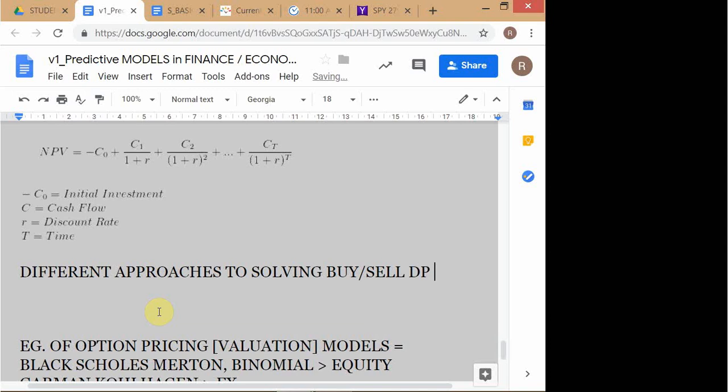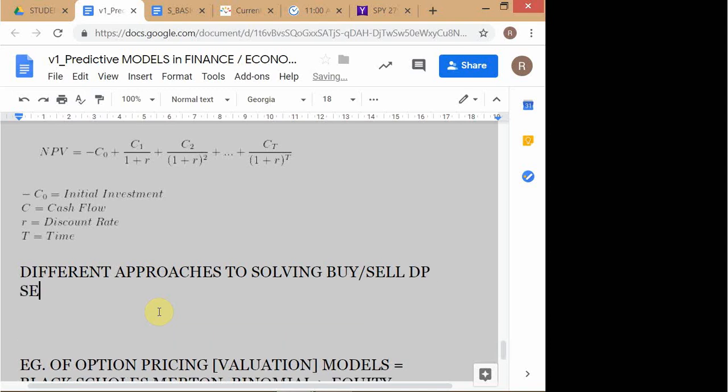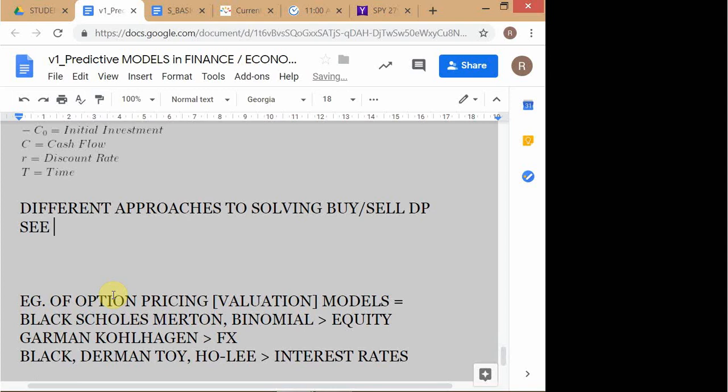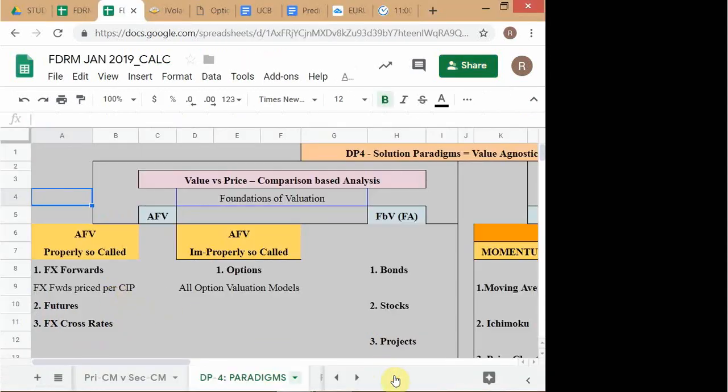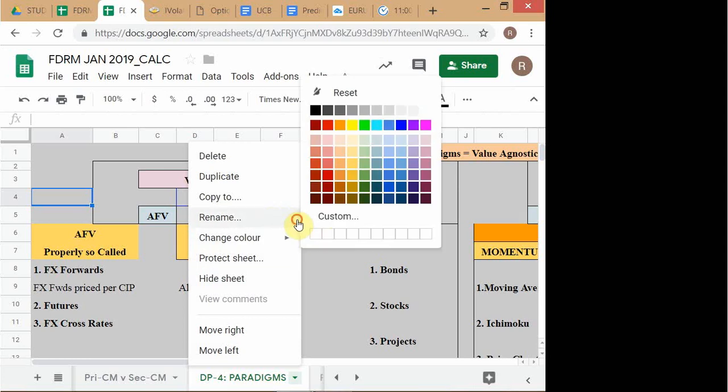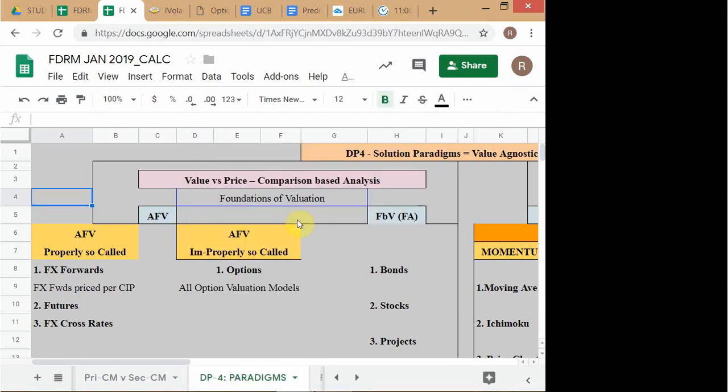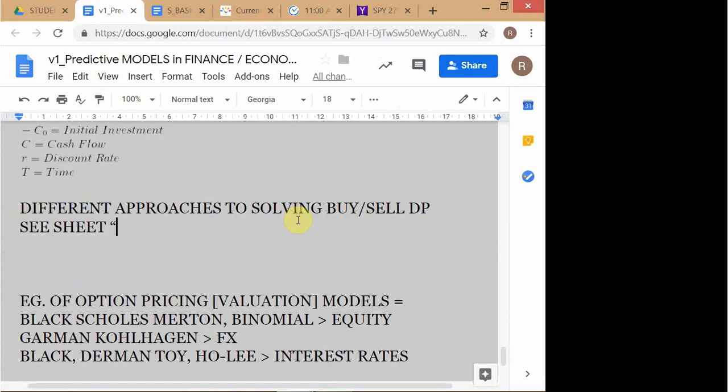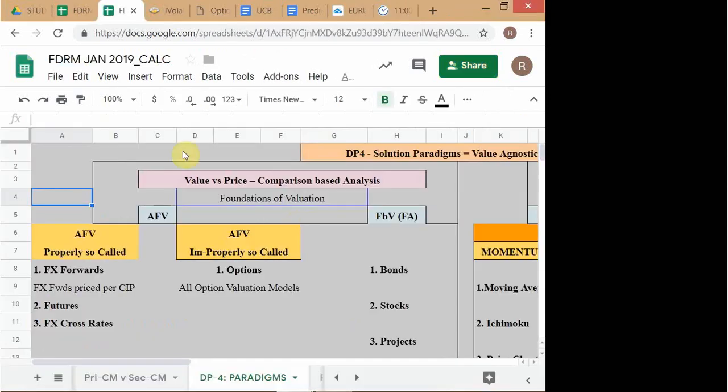Okay, DP is decision problem. Okay, now what we say is see sheet. So that those who are sleeping right now can figure things out when they read the notes. See the sheet DP4 paradigms in, what is the name of the file?